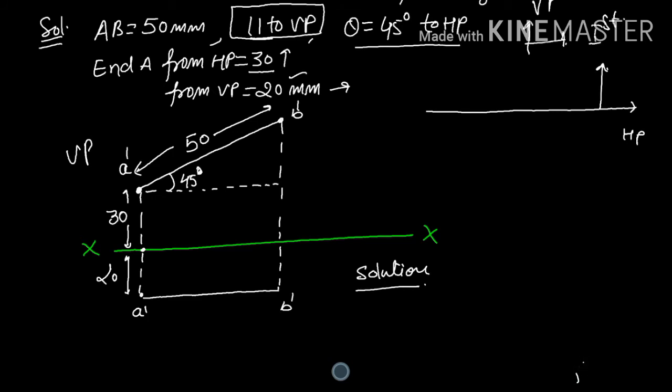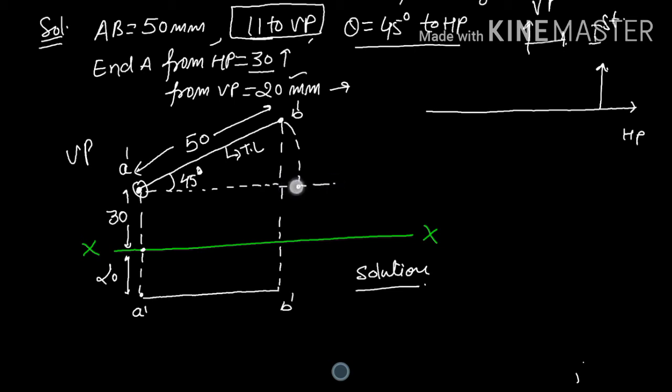So this is the solution of our problem. Very simple. This is our true length. In order to get the true length in HP also, what you have to do is, taking A dash as a center, open your compass equal to A dash B dash. Rotate the point B dash up to the point A dash.